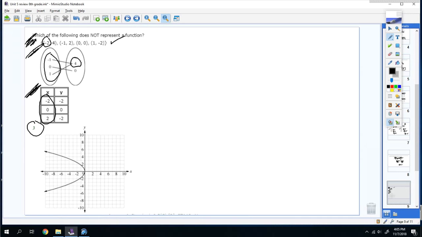J is the correct answer. And as I like to say, it's called the vertical line test. If you draw a vertical line through the graph and it touches at 2 points, then it's not a function. Because that means that those two points are sharing the same x. They're sharing the same input. Okay?